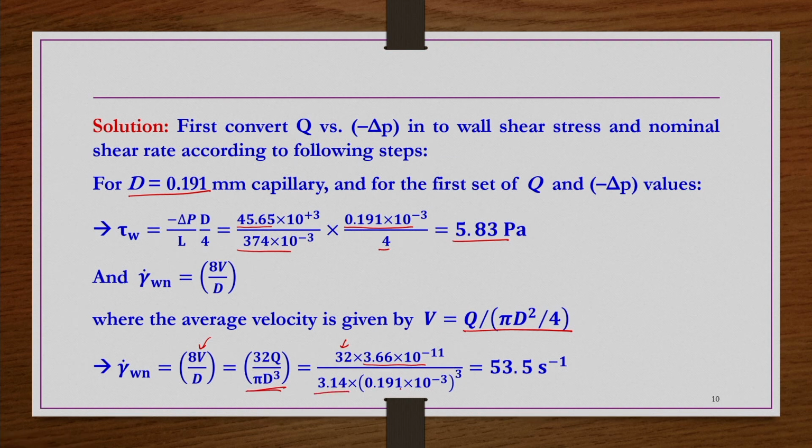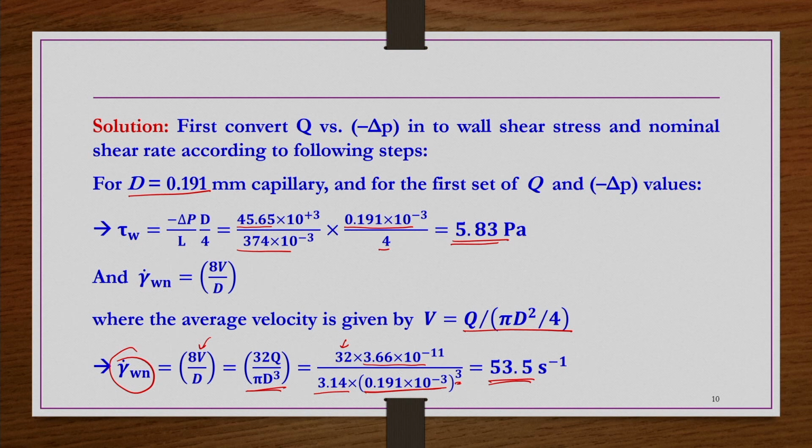Pi is 3.14, and D for the first capillary is 0.191 multiplied by 10 power minus 3, and then the whole cube. When you simplify it, you get roughly 53.5 second inverse as the apparent shear rate for the first data point, when D is equal to 0.191. So you got tau W and you got the shear rate gamma dot Wn as well.